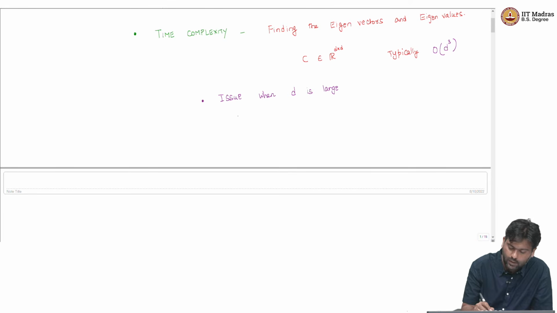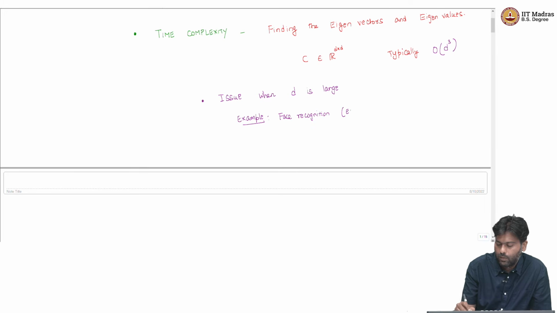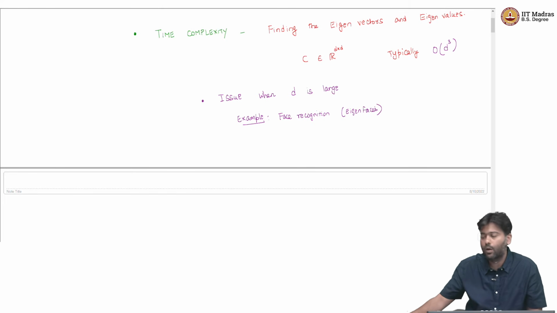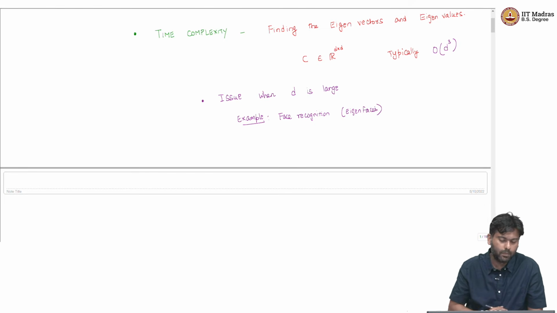An example of where this can happen is face recognition, eigenfaces, where the number of features was 32,000. This is problem number one.